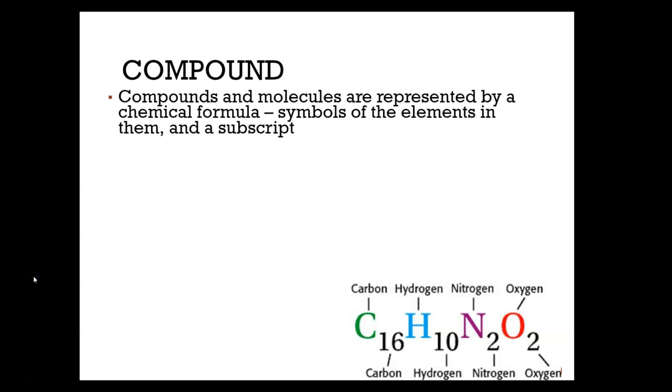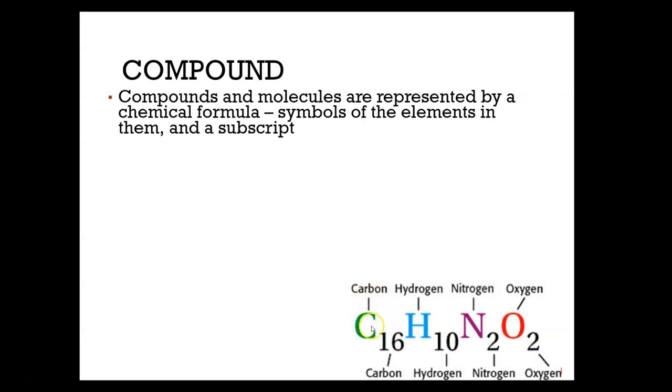Now, a compound and a molecule can both be represented by what we call a chemical formula. That's what this big, colorful series of letters and numbers represents, as a chemical formula of something. Symbols of the elements are provided. For example, carbon is a C, hydrogen is just a capital H, nitrogen is an N, oxygen is an O. So the symbols tell us what element is present in this formula, and the subscript, these little numbers down below, tells us how many of that type of atoms.